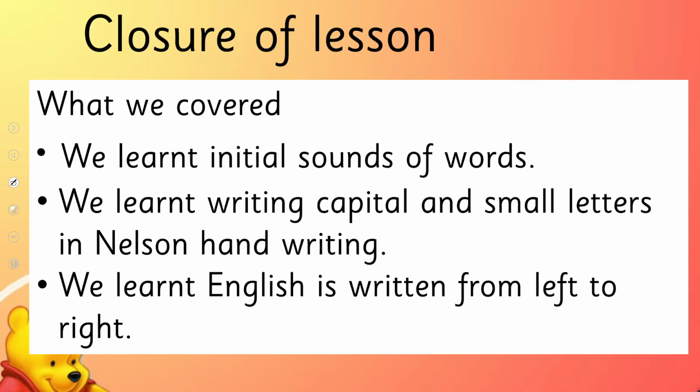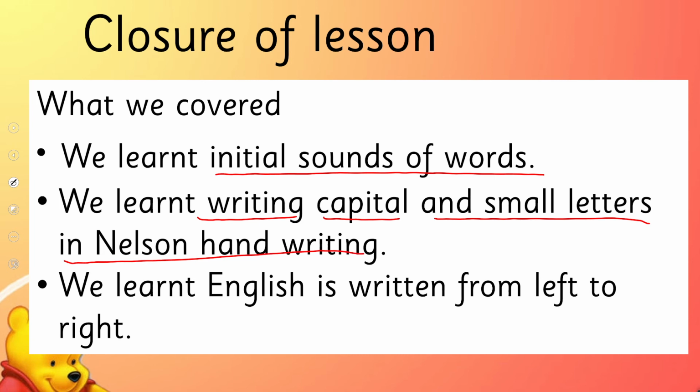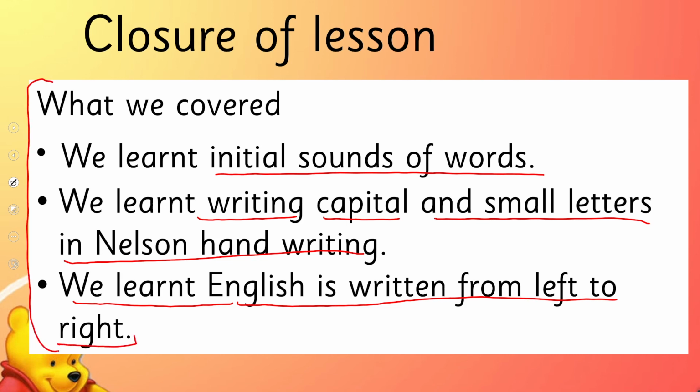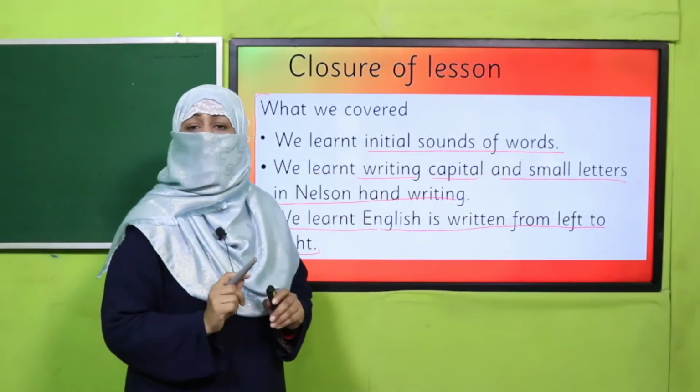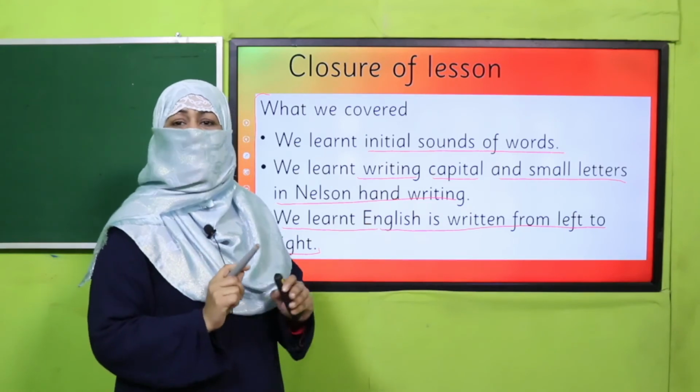So in this way, we learnt the initial sound of the words. We learnt writing capital and small letters in Nelson handwriting. And we learnt that English is written from left to right. So tomorrow when you come with practice, your teacher will take dictation of the letters.